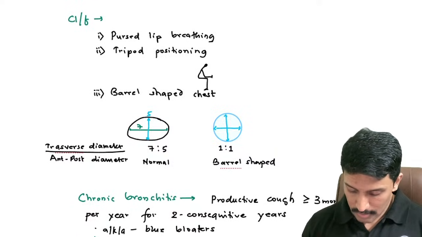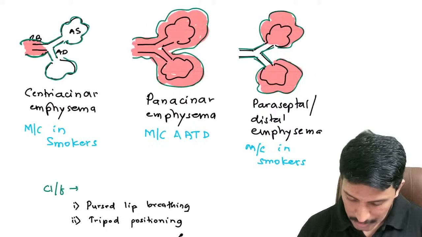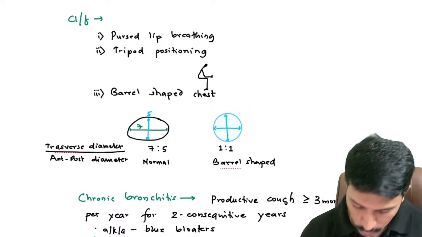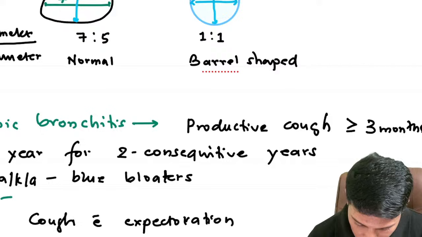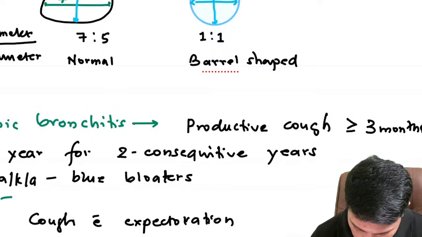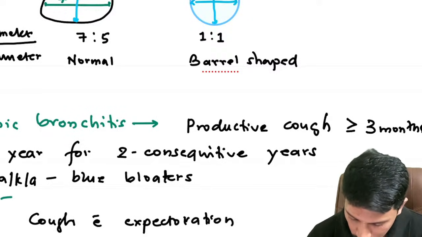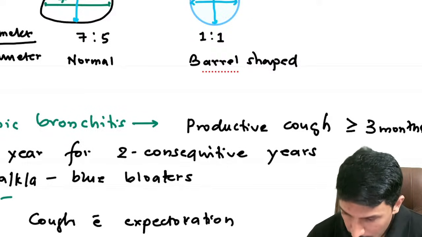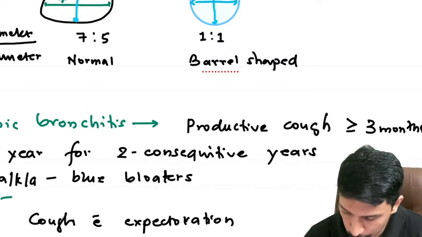And apart from cough with expectoration, I would expect you to also mention that they may have cyanosis, and I want you to mention that they are prone to develop pulmonary hypertension and right heart failure.